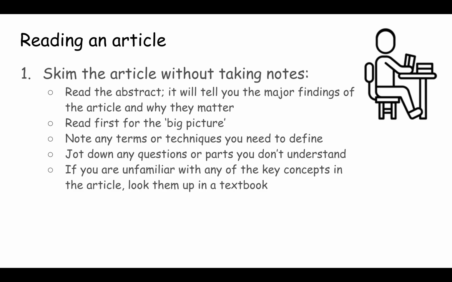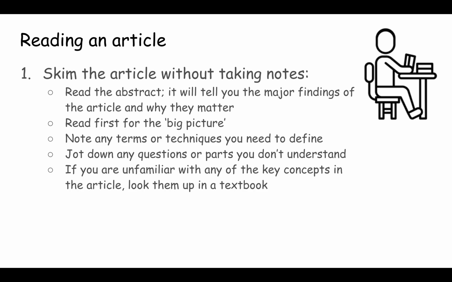So the actual mechanics of reading an article, when you download an article from a database, start just by skimming the article. So look at the abstract, look at the title, decide if this is something that you're really going to be interested in. Look for terms and techniques that you're unfamiliar with.